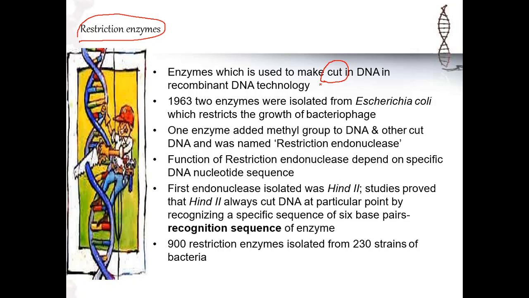cells. So in 1963, two enzymes were isolated from Escherichia coli, which restricts the growth of bacteriophages. When we say bacteriophages, we're talking about virus-eating bacteria.